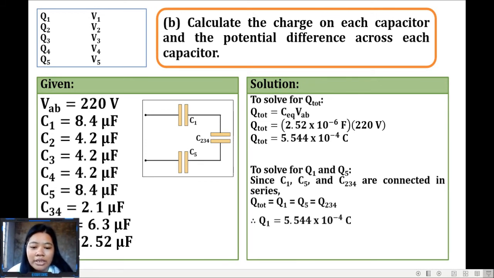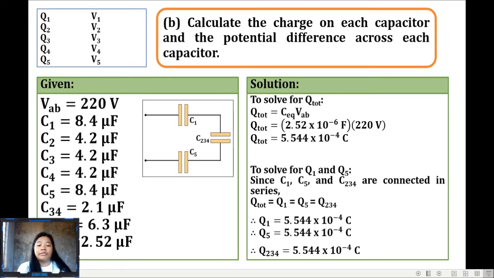Therefore, Q sub 1 is equal to 5.544 times 10 raised to negative 4 coulomb. Q sub 5 is also equivalent to 5.544 times 10 raised to negative 4 coulomb. And Q sub 234 is equal to 5.544 times 10 raised to negative 4 coulomb. So we already have solved for the values of the charge for capacitor 1 and capacitor 5.